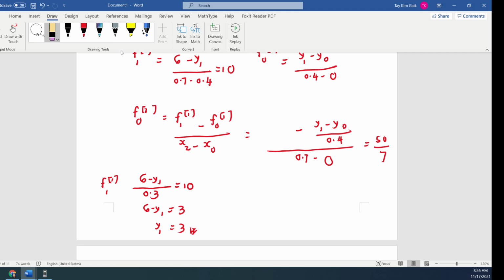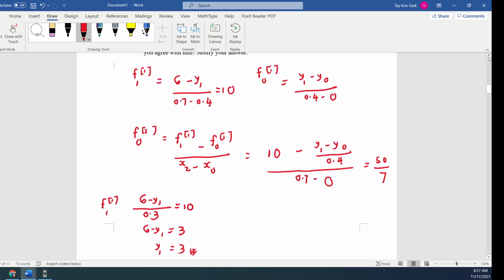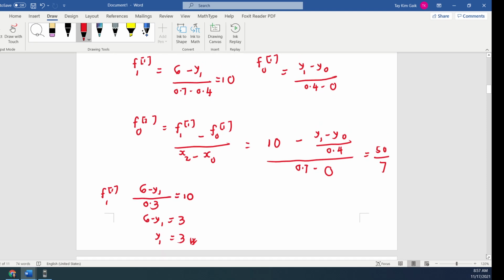By solving f11 equal to 10, you know the value of y1 is 3.